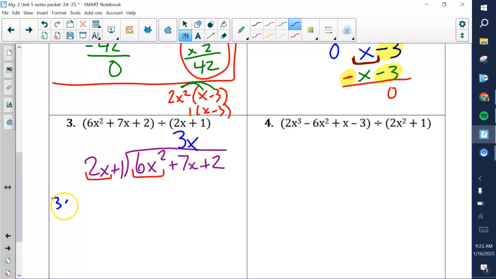So now I'm multiplying 3x times 2x plus 1. And I get 6x squared plus 3x. I am subtracting these. 6x squared minus 6x squared does give me 0.